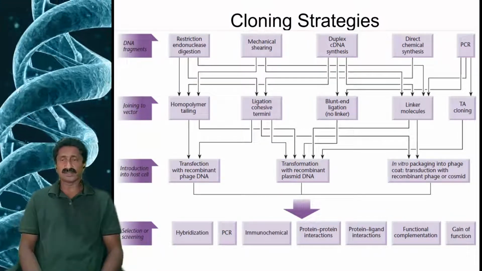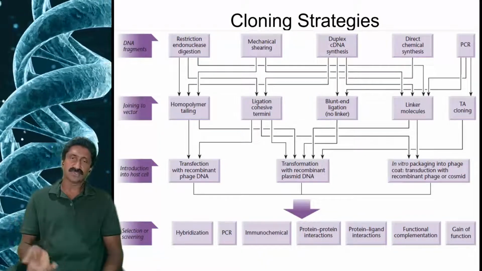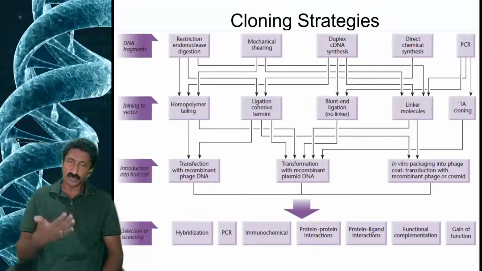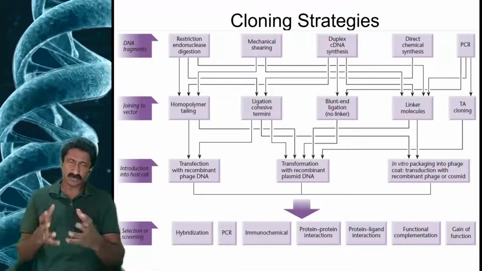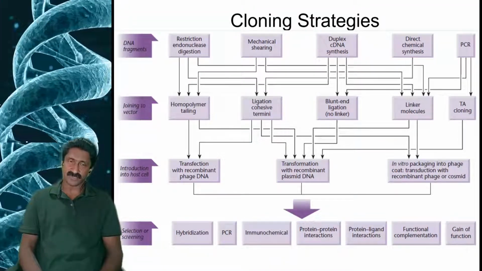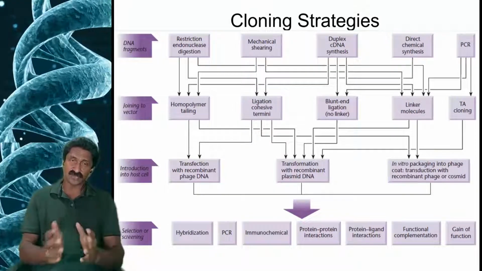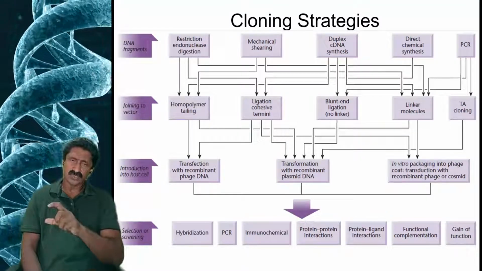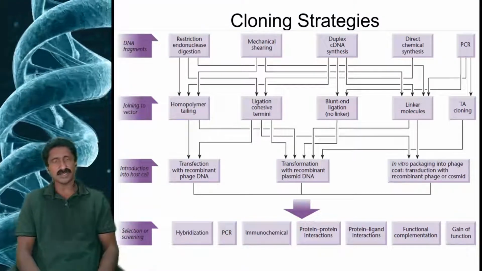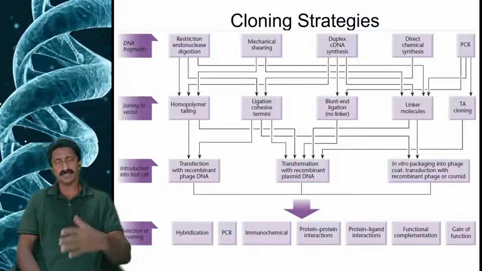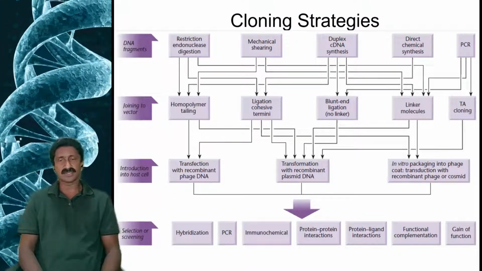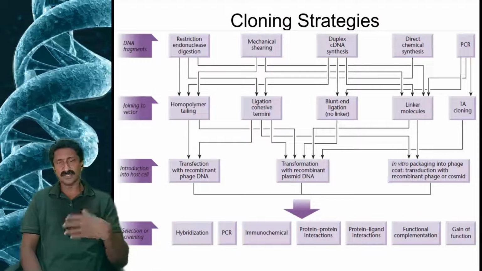There are such methods like hybridization, PCR-based identification, immunochemical detection, protein-protein interaction or protein-ligand interaction based identification, functional complementation based identification, gain of function based identification. So there are a lot of different methods, and we can see them in detail later in another class.